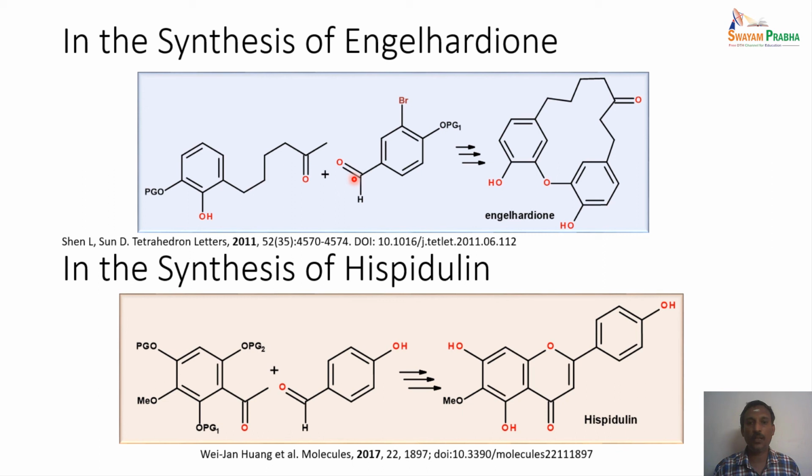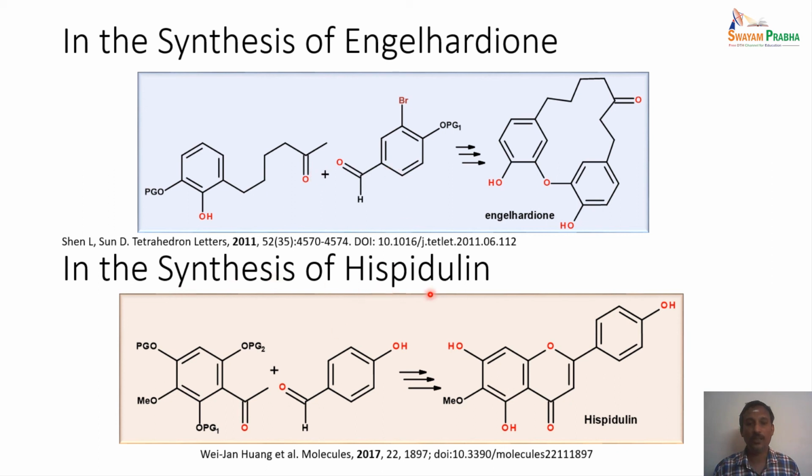These two undergo condensation, and that is how the main ring is synthesized. Finally, the ring cyclization happens through some other condensation reactions, but the overall structure of this derivative is synthesized using the Claisen Schmidt condensation reaction.